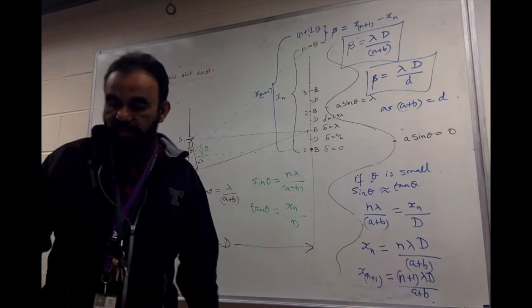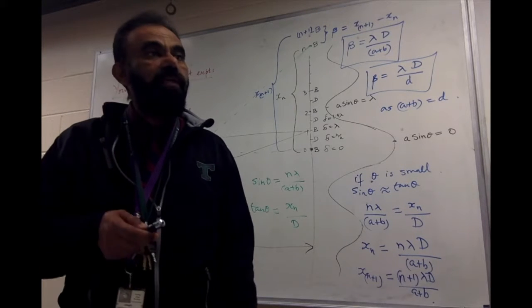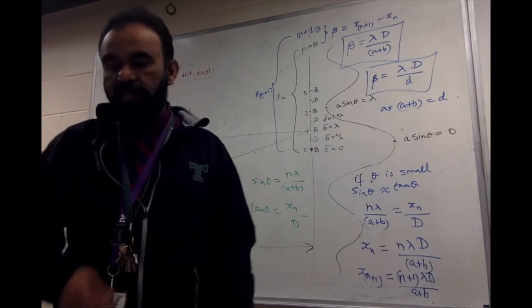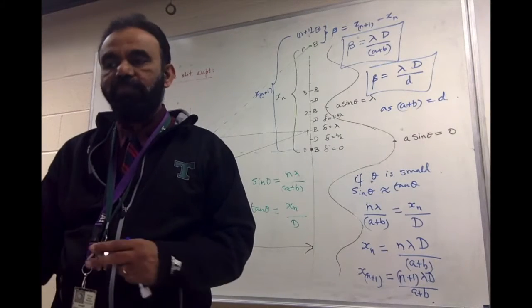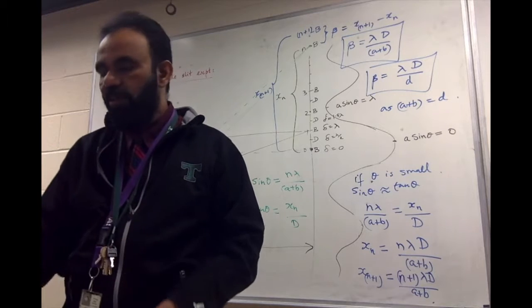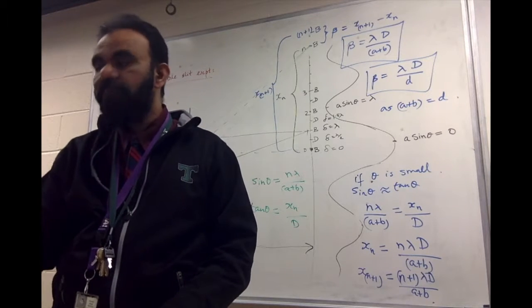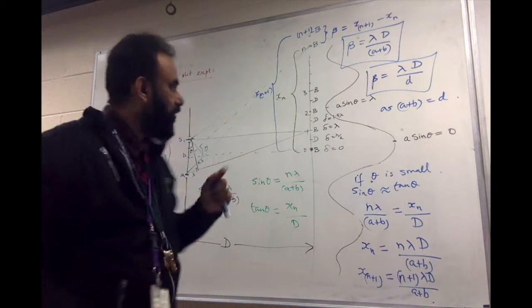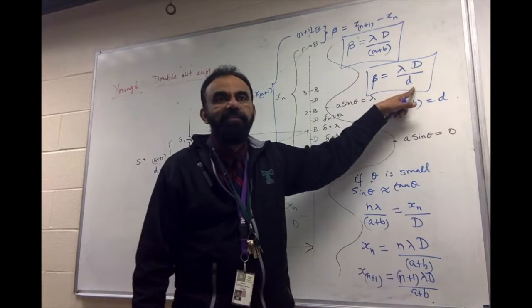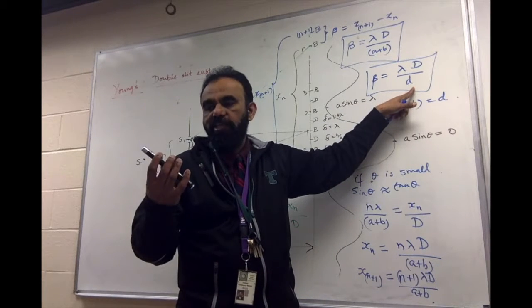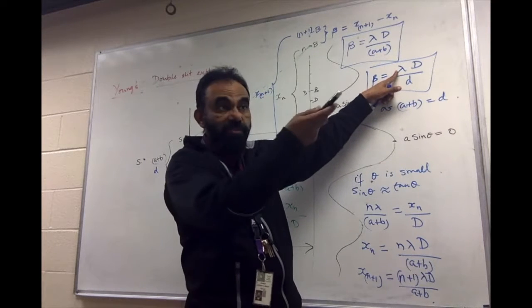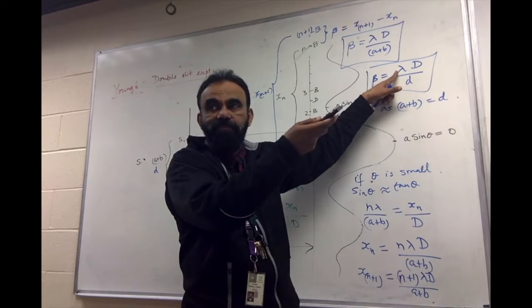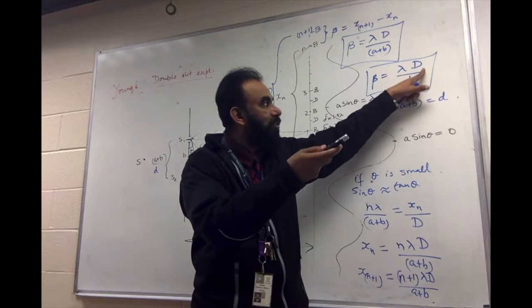So if I'm using this laser and I shine it through a double slit, the only thing we don't know about the double slit is the spacing. We don't know this, but we know everything else. The green wavelength is known. The distance from here to the screen is known.